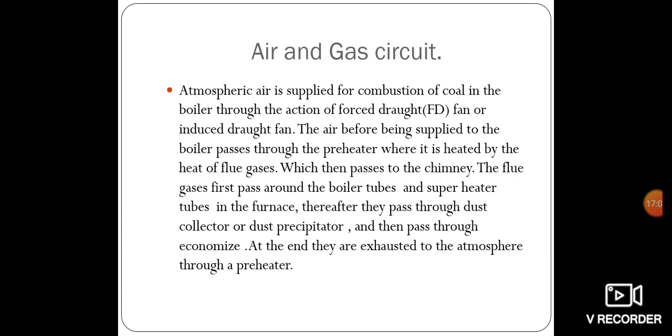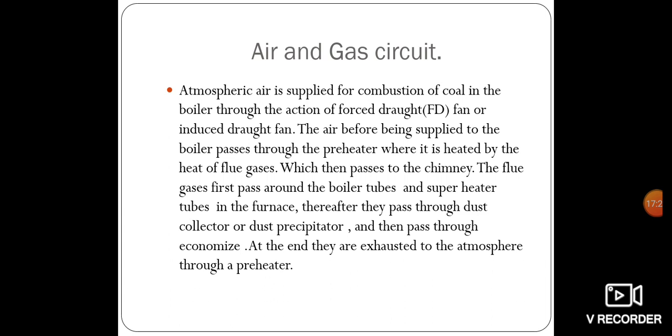As we all know, for the burning of any material we require air, fuel and heat. So atmospheric air is supplied for combustion of coal in the boiler through the action of a forced draft fan or induced draft fan.